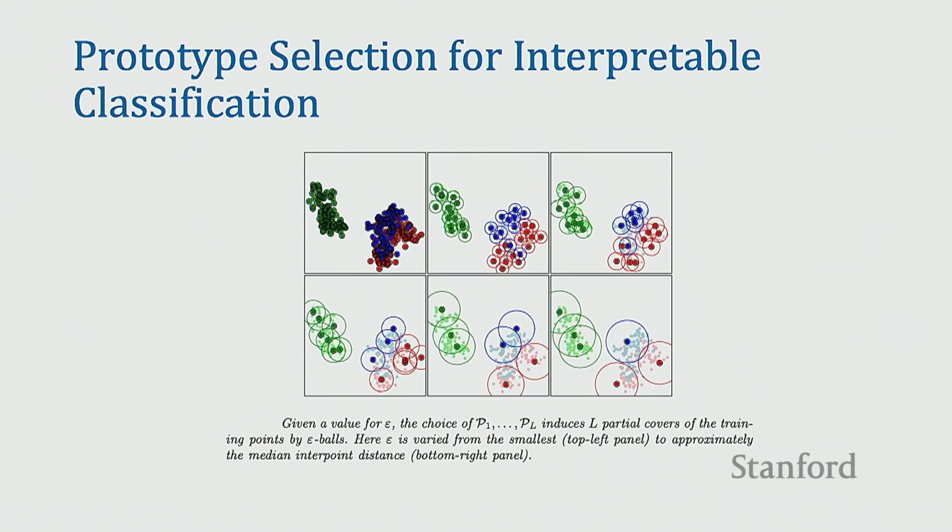If epsilon is small, you'll end up picking a lot of prototypes because each prototype is only covering a small portion of the data. But as you increase the value of epsilon, you'll end up picking fewer prototypes because each prototype covers a larger chunk of the data. And so essentially what you have built is some kind of nearest neighbor classifier, and you have taken some prototypes out for building such a classifier.